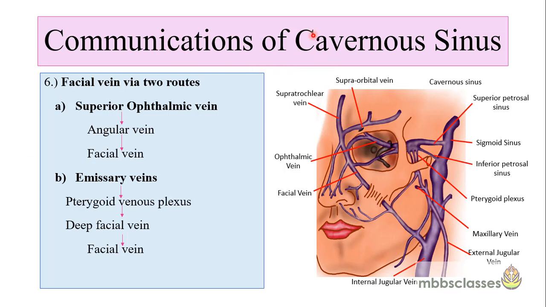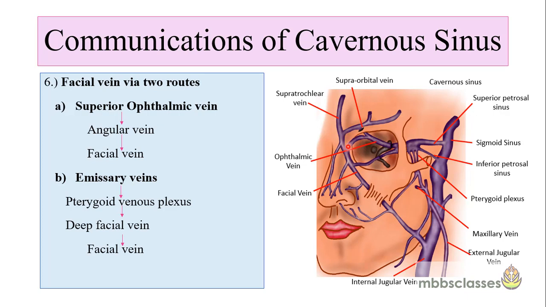So we know that the cavernous sinus is not only interconnected with the intracranial veins but also with the extracranial veins. So it is connected with the facial veins and there are two routes. First, as you can see here, is via the superior ophthalmic vein. So this is the superior ophthalmic vein. The superior ophthalmic vein then drains into the angular vein.